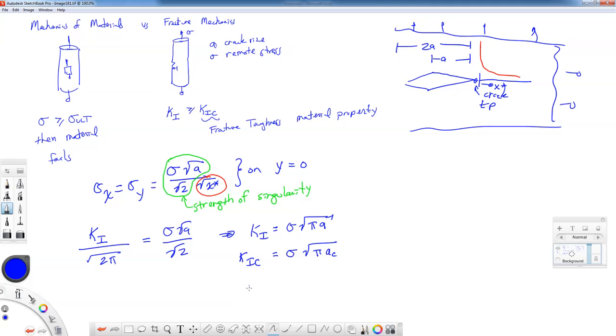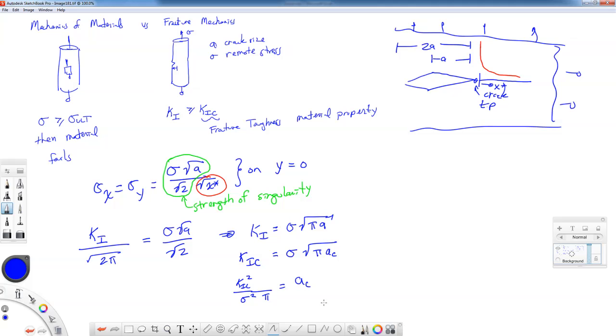Let's see if we square both sides and solve for AC. We'd have K1C squared over sigma squared, and then I'd have a pi on the bottom. That would be my critical crack size.